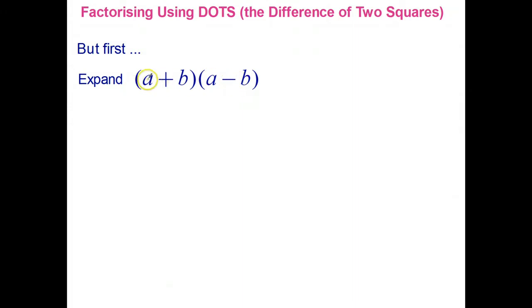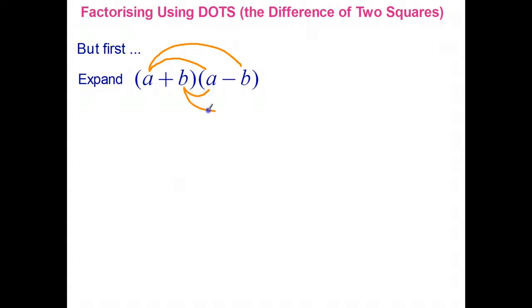So here we have the expression in brackets a plus b times a minus b. Now, my students were taught this last back in term 1. The method that we use for this is called the crab claw method.